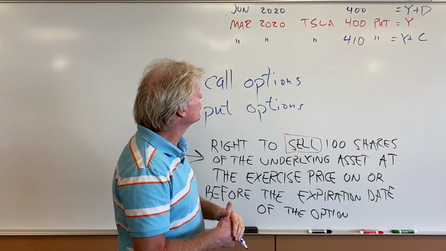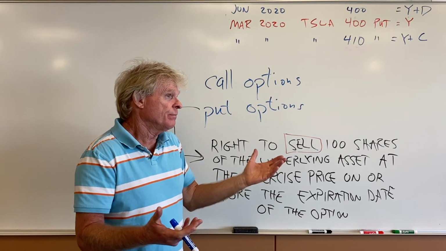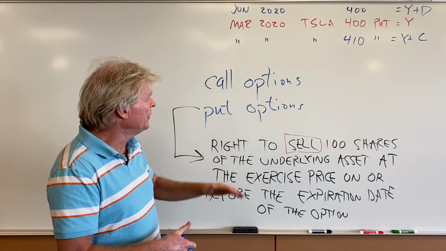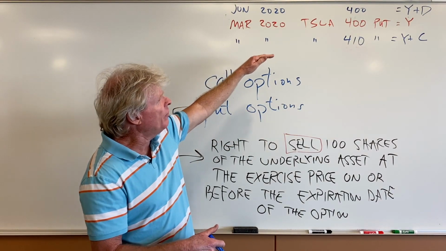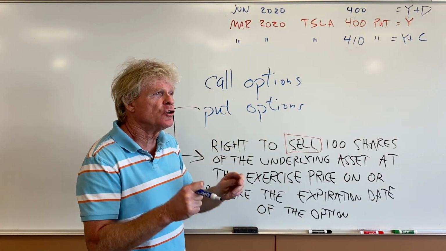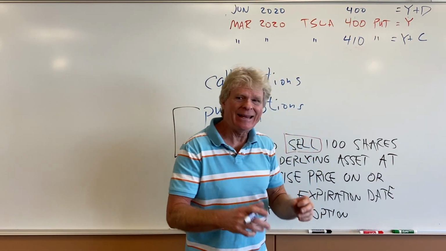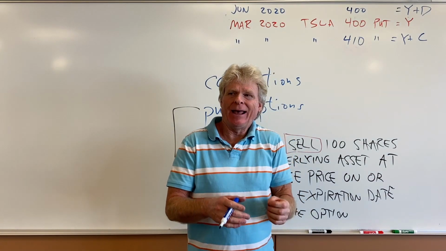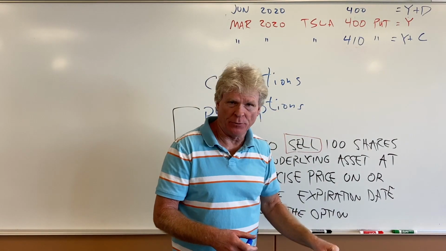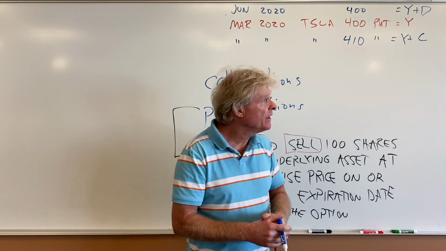Now, put options and call options are the two major types of options, probably the only two types of options that people trade regularly, and understanding the definition and some elementary analysis with respect to the price of these is very important. Now, students sometimes make mistakes in that they confuse the strike price, which is a characteristic, an identifier associated with the option, with the market price. Market prices are determined by the interaction of demand and supply forces.